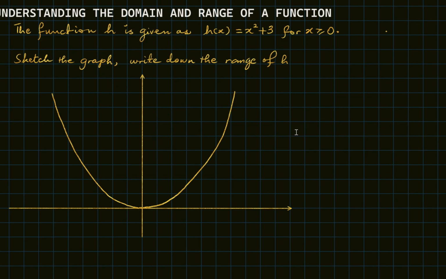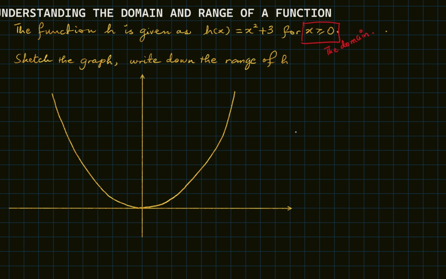Hi, here's another example. We're told to sketch a graph and then write the range of h. Just like I've said in the last example, this is the domain, which is simply all the x's that we are allowed to use as the inputs.